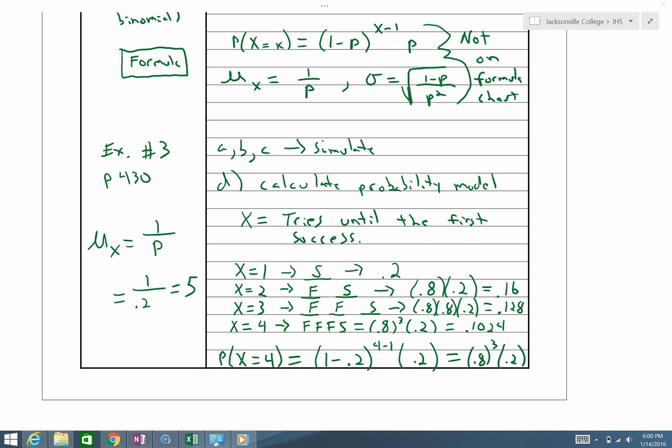If we do this process over and over and over again, pulling out boxes until we get the first success, in the long run, the average number of boxes we'll have to pull out is 5. That makes sense. 1 out of every 5 boxes will contain LeBron's picture. With this information, you should be able to answer the rest of the questions from this chapter.